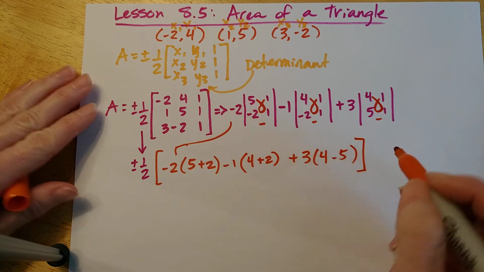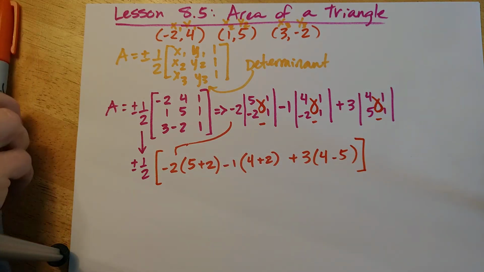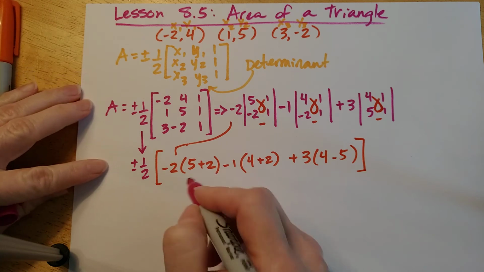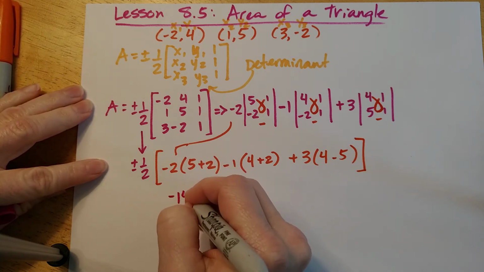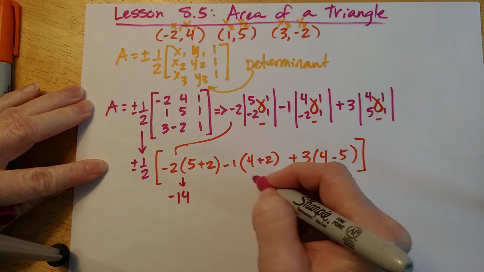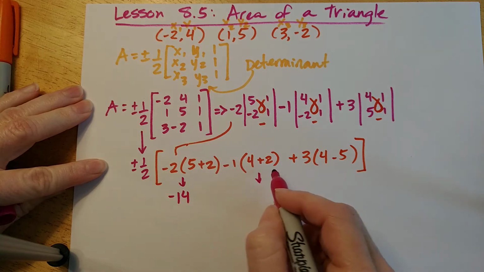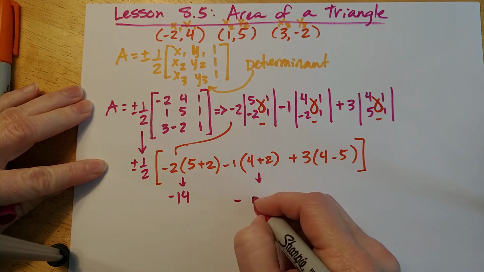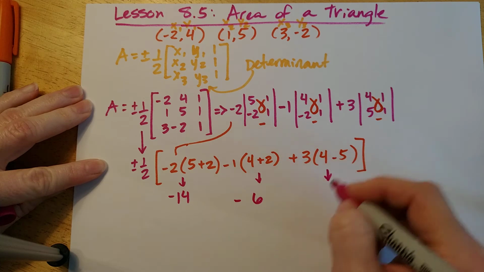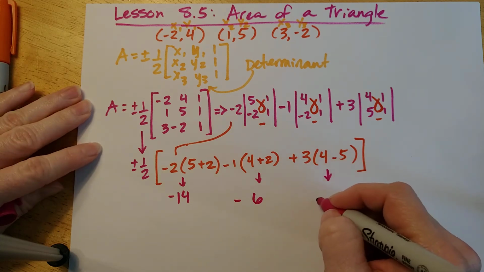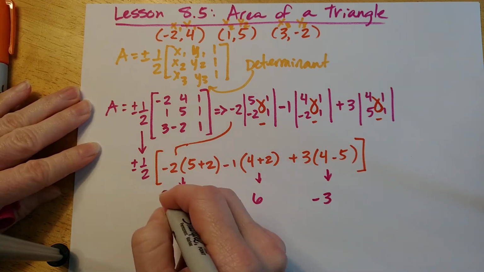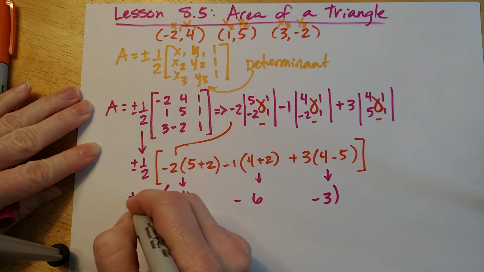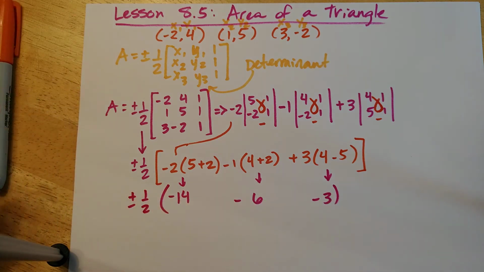Okay, let's figure all these numbers out here. I've got, let's see, 5 plus 2 is 7, so that's -14. And then down here we have 4 plus 2, that's 6, minus 1, that's -6. And then this one down here, that's -1 times 3, that is a -3. Okay, so all this stuff times plus or minus 1/2. So let's go ahead and combine these all together.